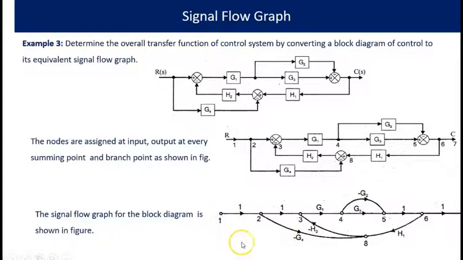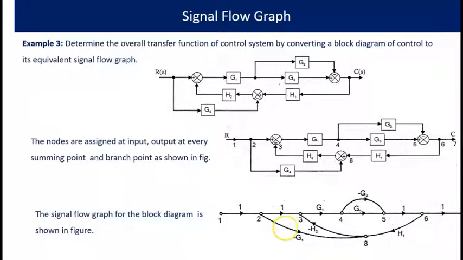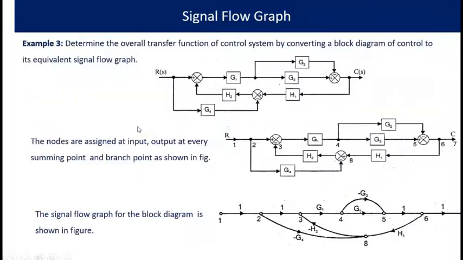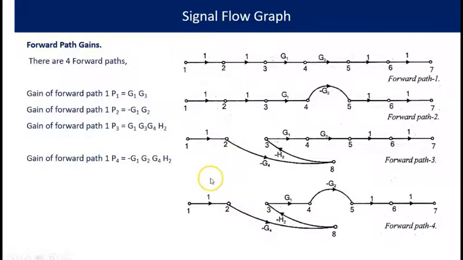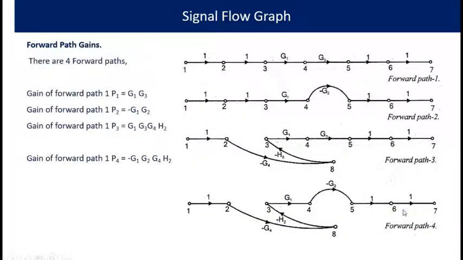So here we have to identify the forward paths and loops again. One forward path is G1, G3. Another forward path is G1, G2 with minus sign. Then one more forward path is minus G4, minus H2, G1, G3.